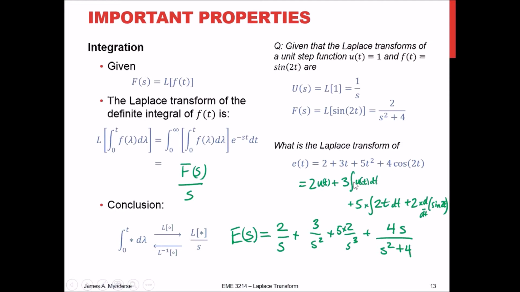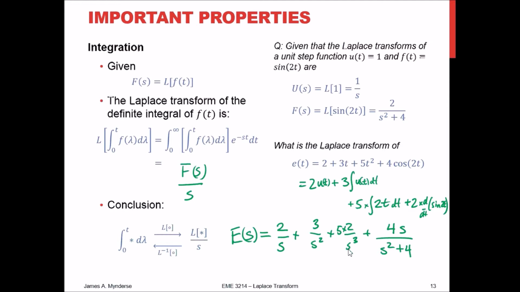If this is 3 times the integral of u of t, well, here's U of s, so if we divide by a power of s and then multiply by 3, we will get the Laplace transform of the 3t term. Now for the next term, this is basically 5 times 2t, so we have a 5 times 2, and take the integral of that term twice. Anyway, it's going to be 10 over s cubed.